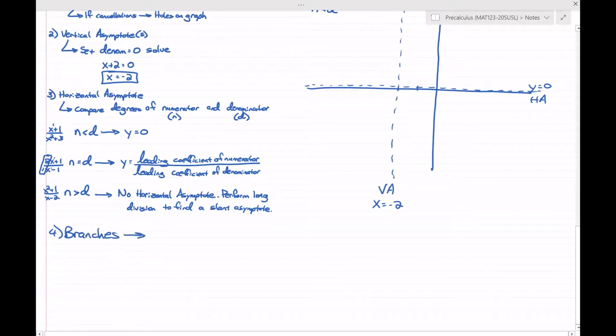The way we find the branches is we plug in x values to the left and right of each vertical asymptote.